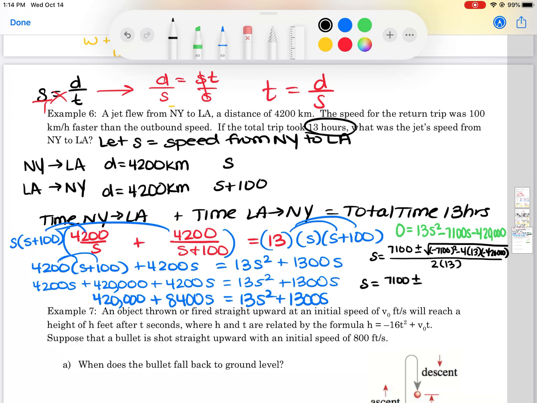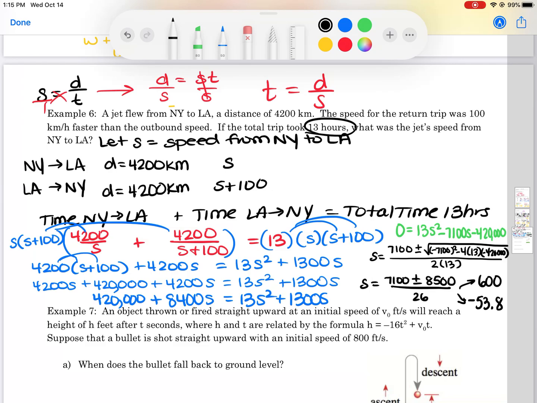When we clean that up, we're definitely going to want a calculator for this. We get S is equal to 7,100 plus or minus, when we take the square root, 8,500, over 26. When I work this out, I get two answers. The positive one will be 600, and the negative one will be negative 53.8.